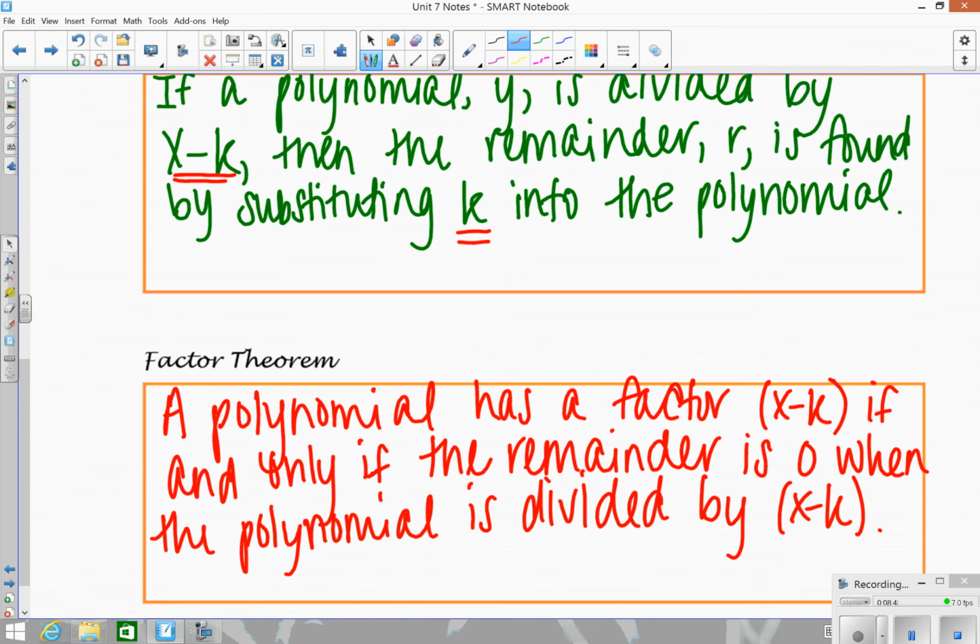So x minus k is a factor if and only if the remainder is equal to 0 when the polynomial is divided by that factor.